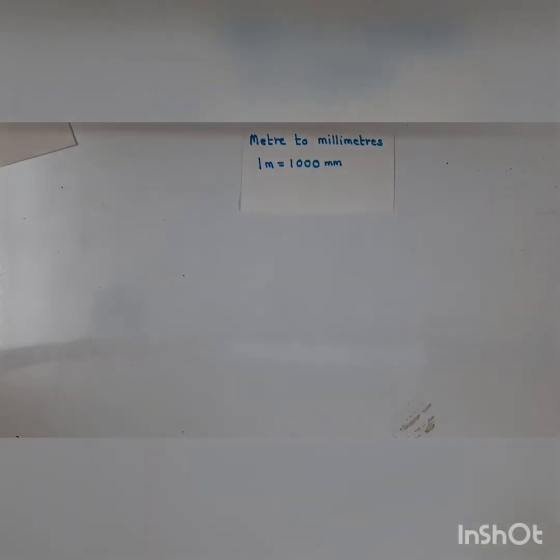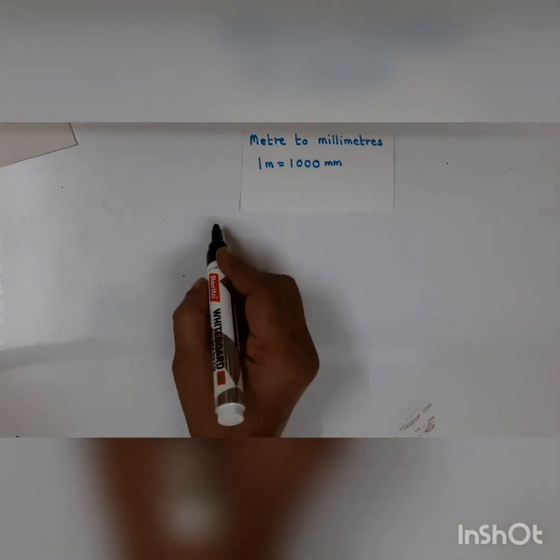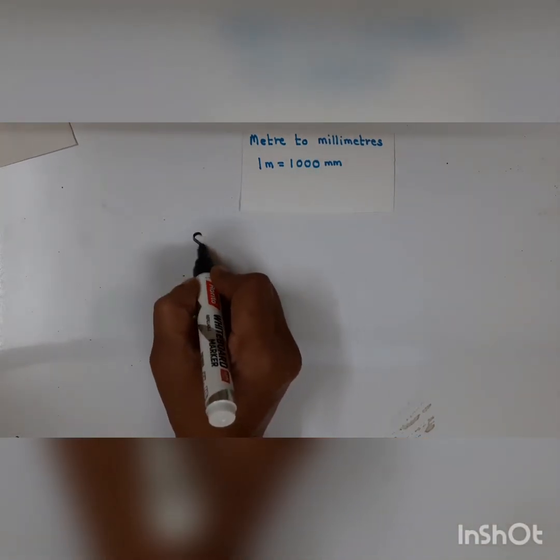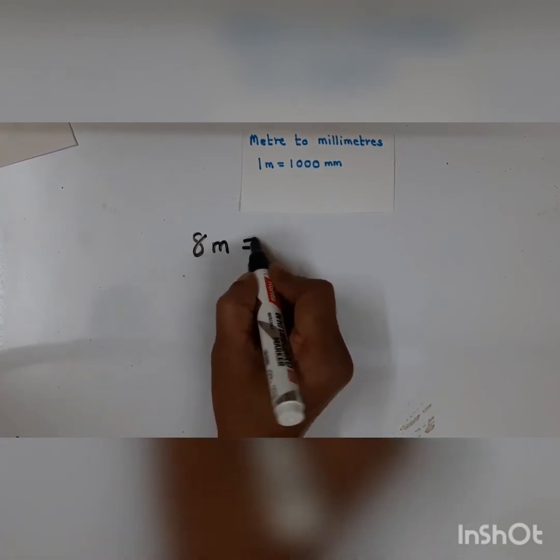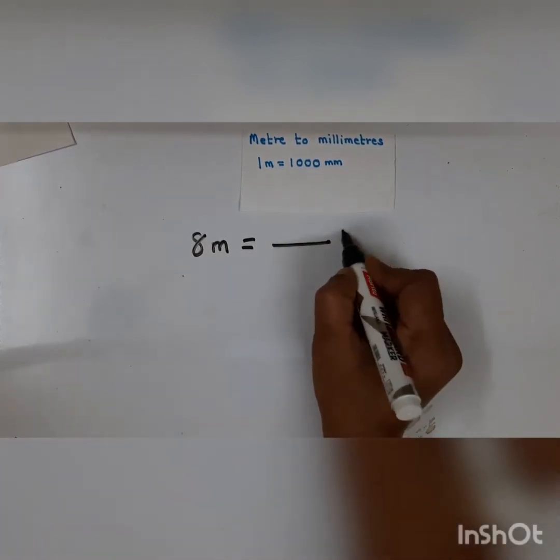Now what's the unit? What's the measure? 1 meter is equal to 1000 millimeters. So let's start with a grade 3 sum. Now children, see, 1000, there are 3 zeros. Okay. So let's take 8 meters to dash millimeters.